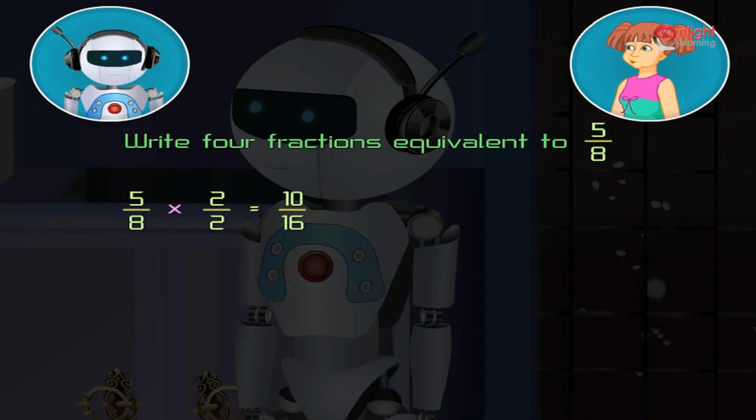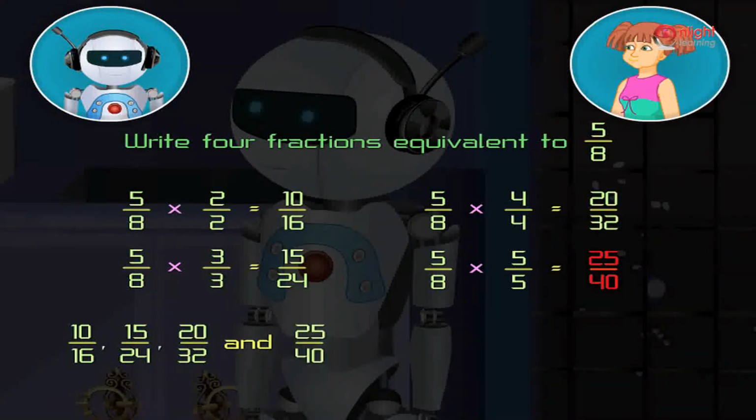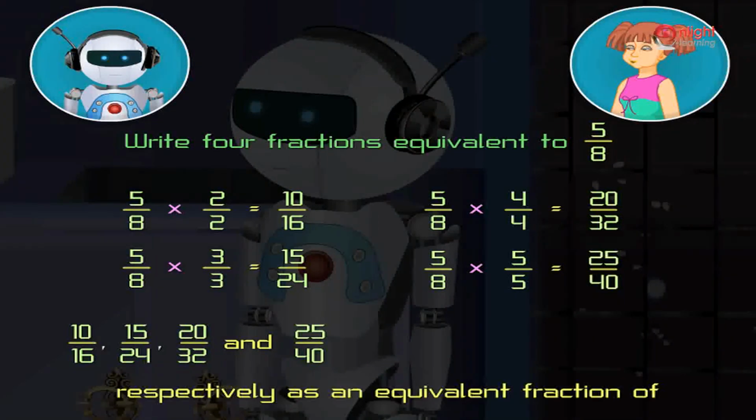Similarly, multiplying 3, 4 and 5 with 5 by 8, we get 15 by 24, 20 by 32 and 25 by 40 respectively as equivalent fractions of 5 by 8.